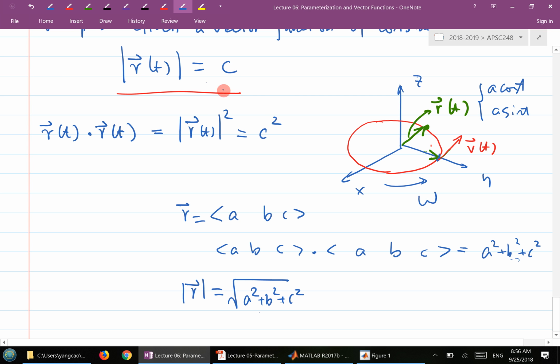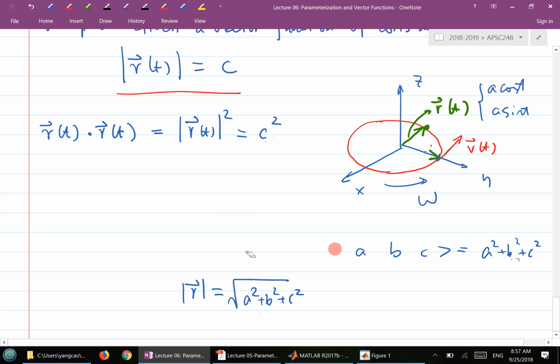According to my notation, it's a squared here. This is a very simple fact I really want you to remember: the dot product of a vector with itself gives you the length squared.